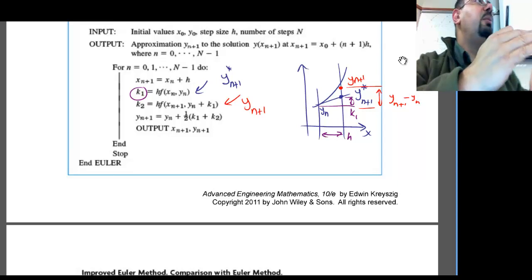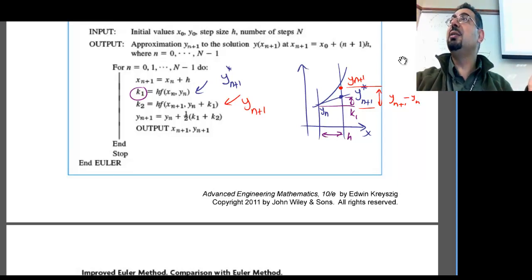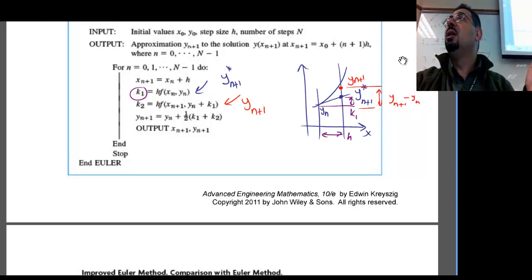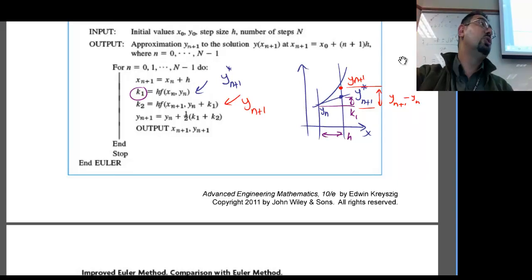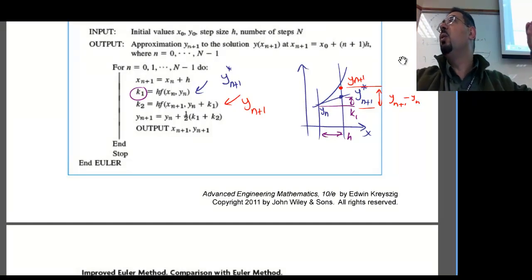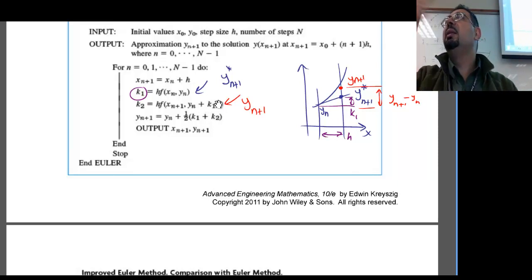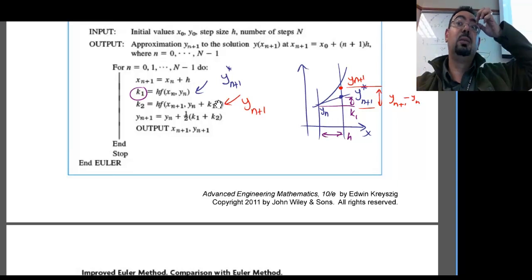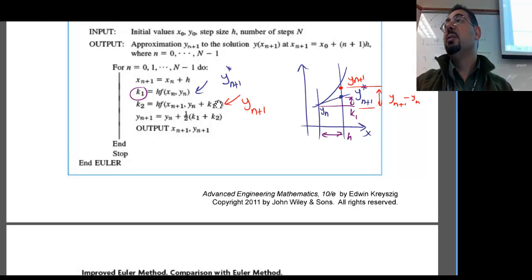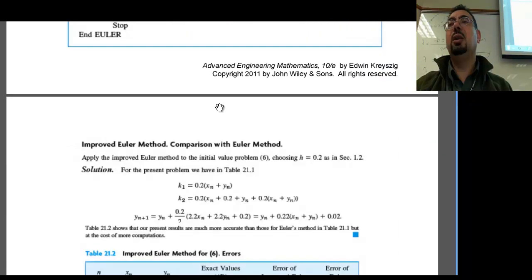So every time step, you get the star condition first, the predicted, not so accurate condition, and then you fix it to get the accurate solution. So every step, two y's are calculated: a fake one and the final one. Why do you calculate the fake one? Because it's needed to calculate the second slope, the slope at the end of the interval. And it goes on and on.